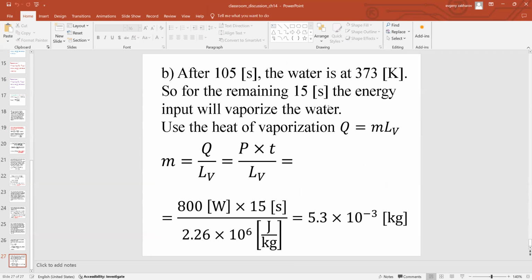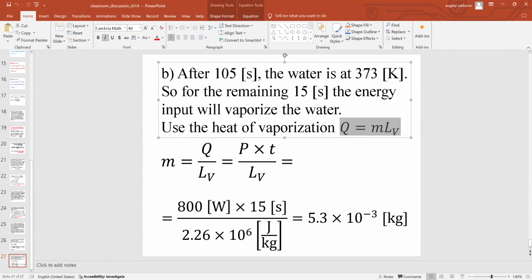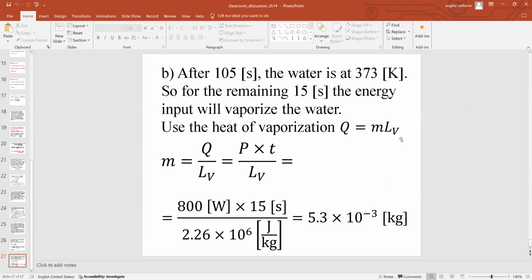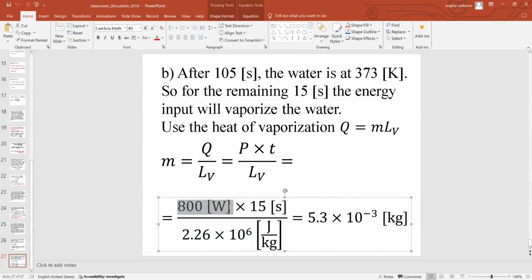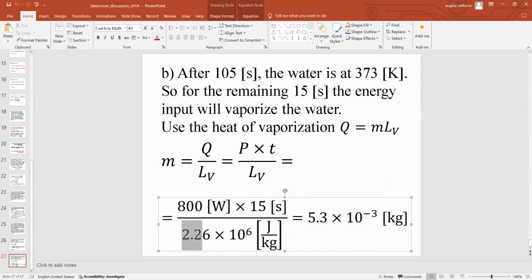So for the remaining 15 seconds, the energy input will vaporize the water. That's what we say here. And for vaporization, it's the latent heat of vaporization. No more fusion. Back to vaporization. Your liquid becomes the gas. And it's the same power input multiplied by 15 seconds of operation with respect to the latent heat of vaporization for water.